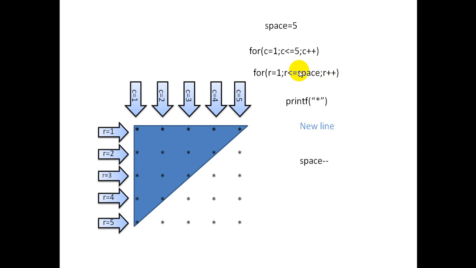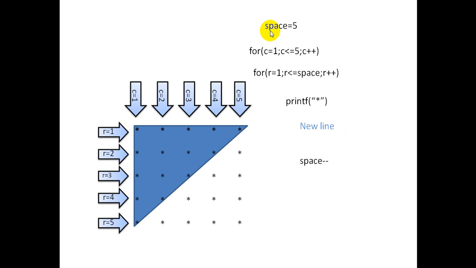So what we are doing, this r is equal to 1, r is less than or equal to space, that is 5, r plus plus, and it is printing 5 stars, and then it's getting a new line, so we are getting here, and now the space variable is decremented by 1.